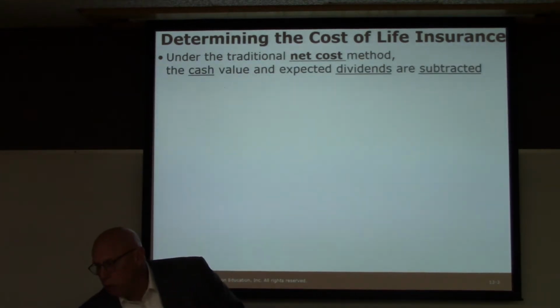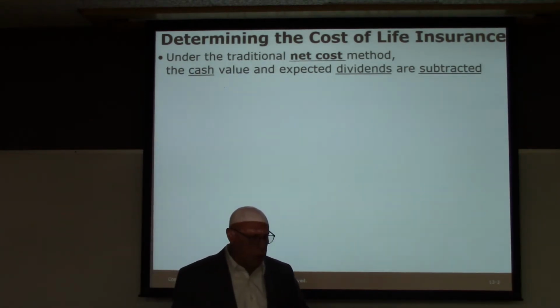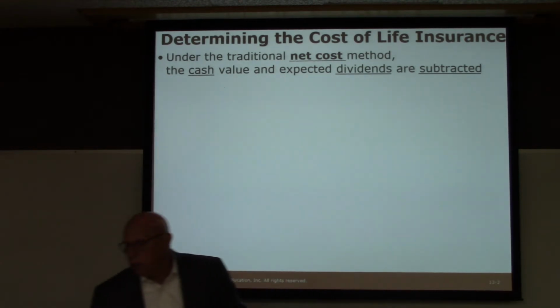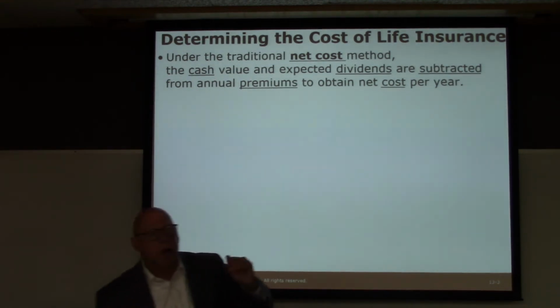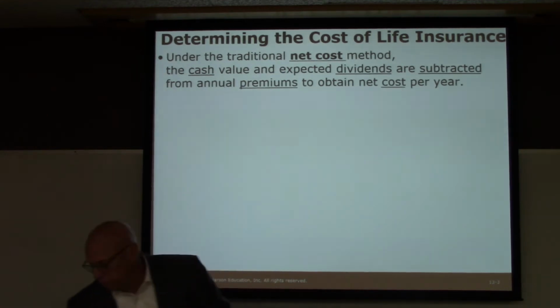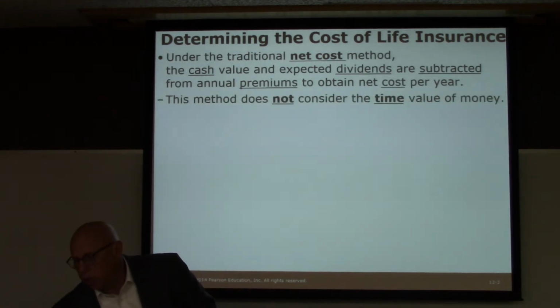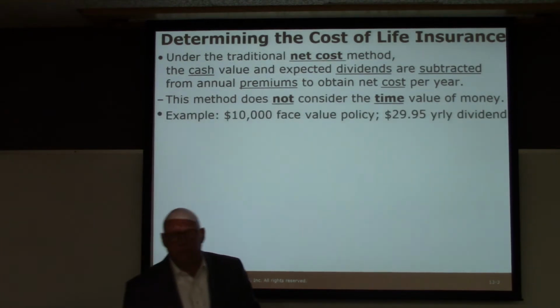Okay, so what you do is you accumulate the premiums, and then you subtract out the cash value and the expected dividends, to determine your cost per year of having the death benefit coverage. Okay, so this method does not consider time value of money. Let's look at an example.